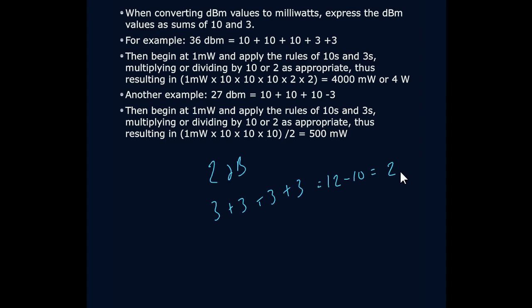Okay, so what would that be? Remember, multiply, so 2 times 2 times 2 times 2. 2 times 2 is 4, times 2 is 8, times 2 is 16. Then multiply that by 0.1, and that's going to be 1.6. So 2 decibels is equal to 1.6 milliwatts.